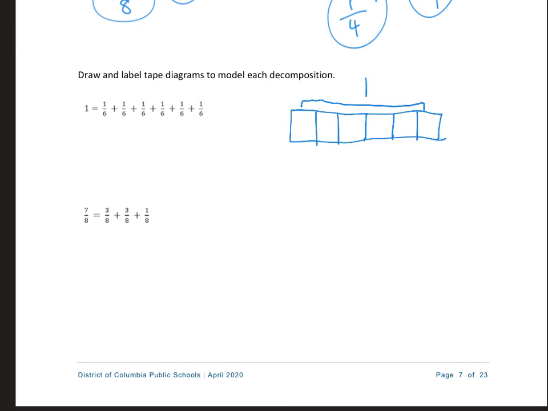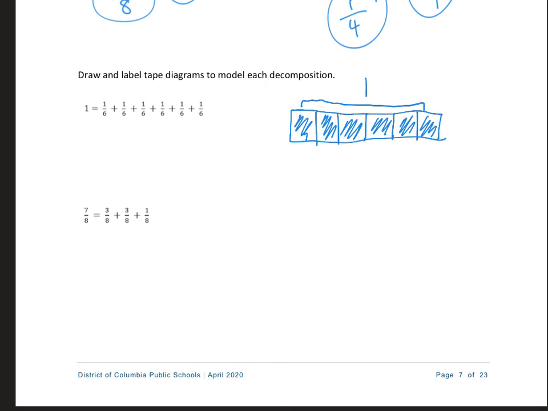Now I know that I'm going to shade in all of them because it says 1 whole. So that means all of them are going to be shaded in. This tape diagram needs to show 1 whole. And now I'm going to label this to model the decomposition they gave me.